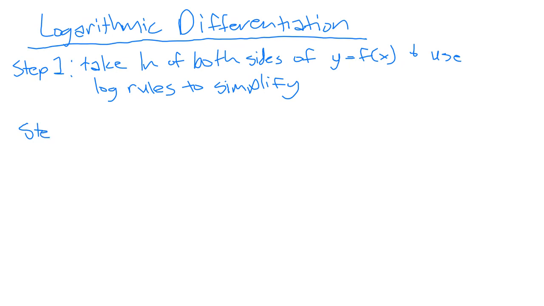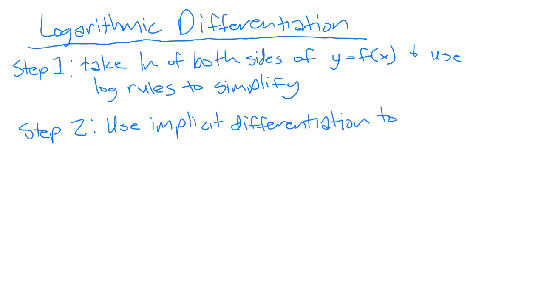Step 2. We are going to use implicit differentiation to derive both sides with respect to x.